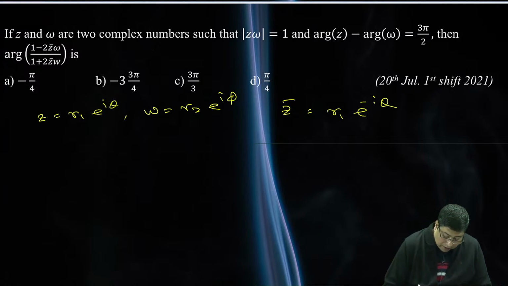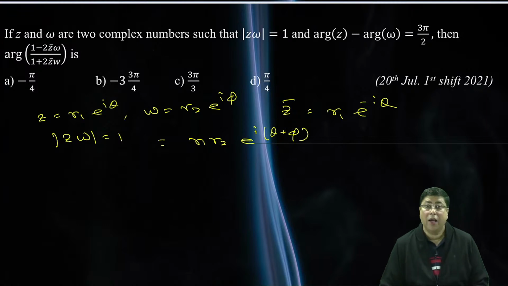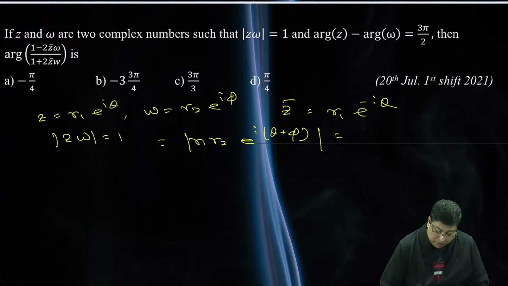So we can write this as, given mod of z into omega equal to 1, that is r1 into r2 into e to the power i, actually e to the power i any angle equal to cos theta plus i sin theta. So this is the 1, its mod is 1. So we can say this is to be 1.